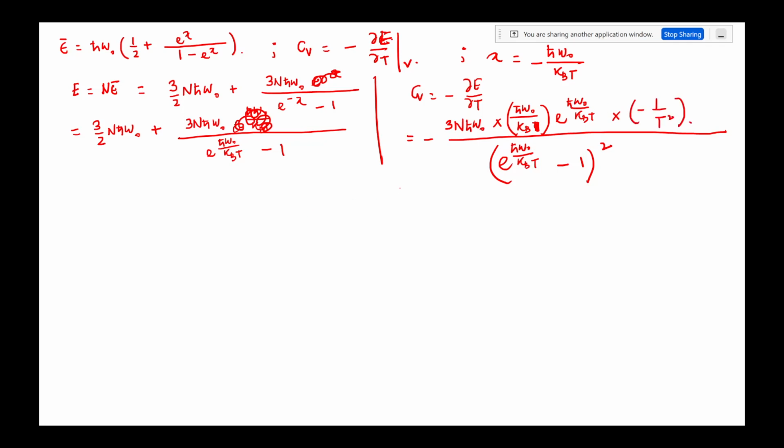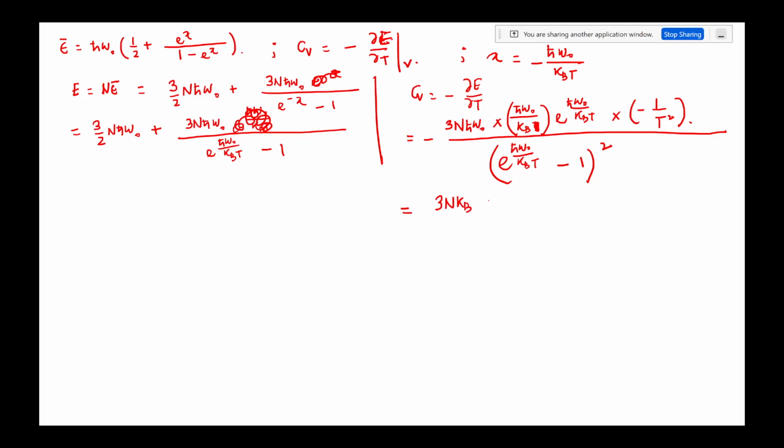If you take the whole thing, then it will become 3n kB. There is kB here and kB there, so minus minus cancel out. 3n kB, I have kB times 1, so there will be one more kB.